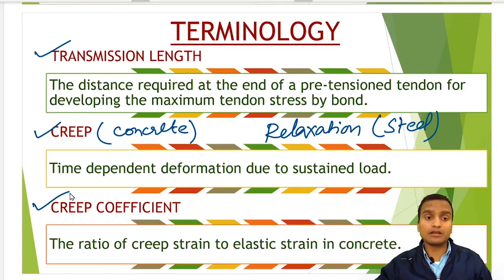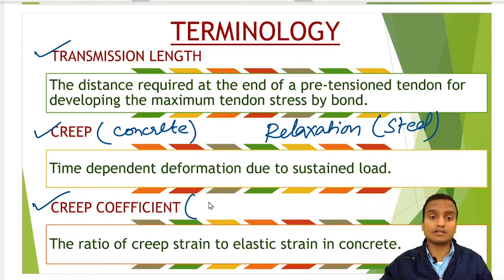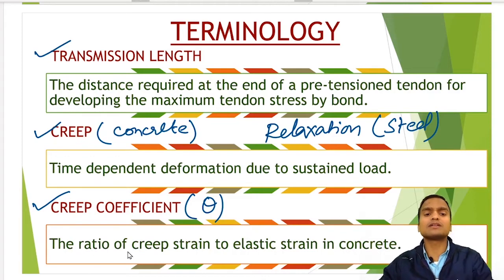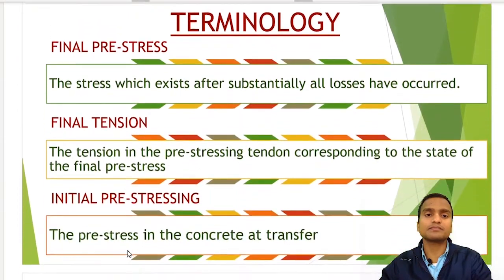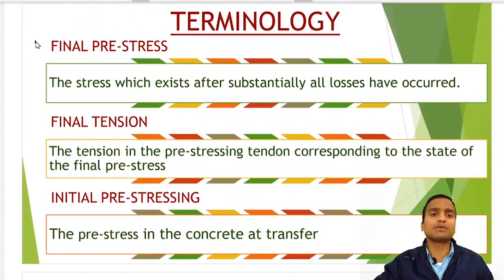Now for calculating creep, we have to know the creep coefficient, and it is represented somewhere as theta also. The creep coefficient is basically the ratio of creep strain to elastic strain. Next term is the final pre-stress.